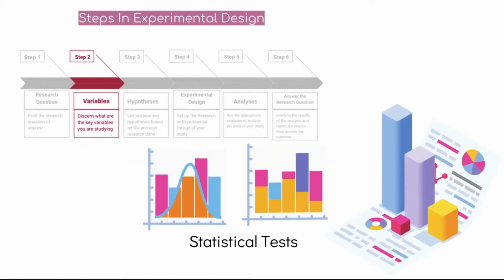The second reason for having a good understanding of variables is that understanding your variables informs and guides your decision of choosing appropriate statistical tests in the analysis stage of your experimental process.